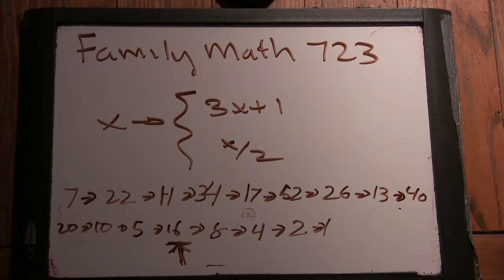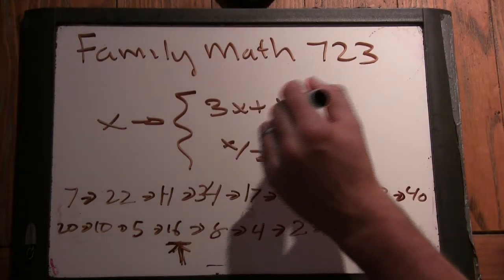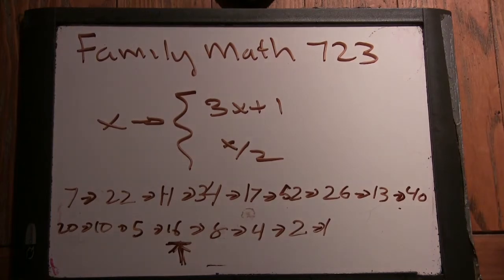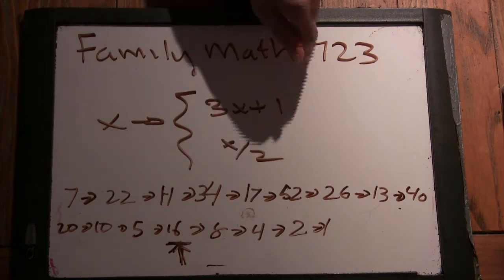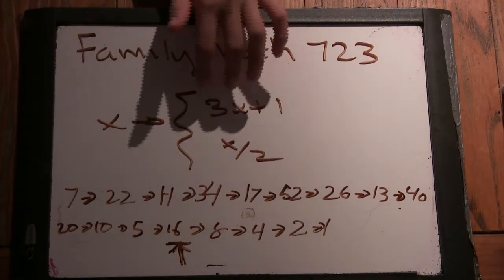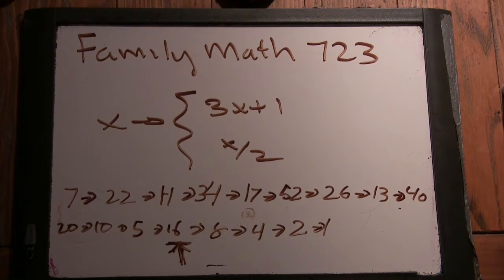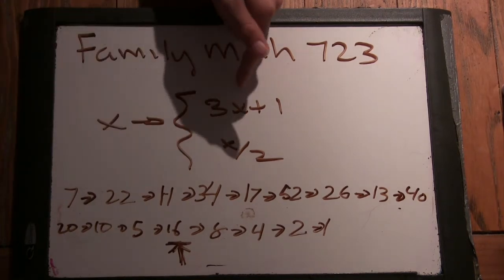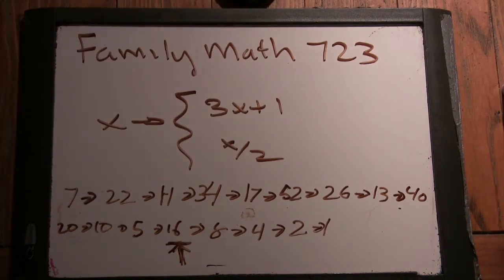So you might think that 3x plus 1 could get you to 7, but only if that 3x is odd. So it's 1 mod 3, but this number has to be odd. It has to be one more than an odd multiple of 3.